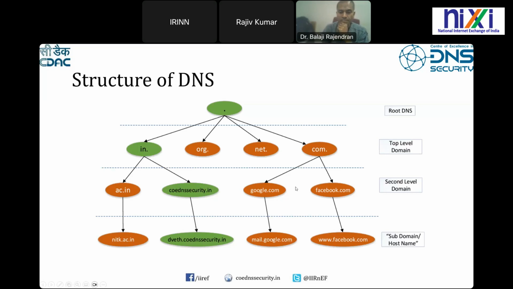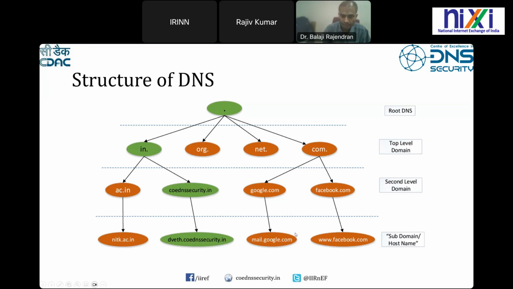Similarly, if you look at google.com, you have so many things falling under them. Maybe mail.google.com, or docs.google.com, etc. Multiple subdomains can be there. So it falls under their particular namespace.